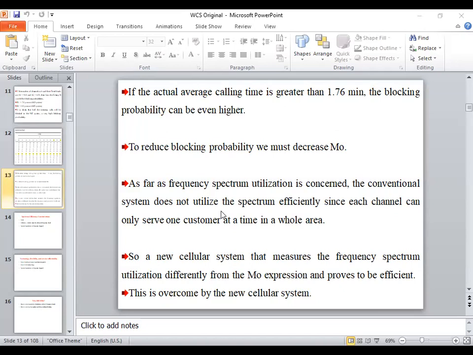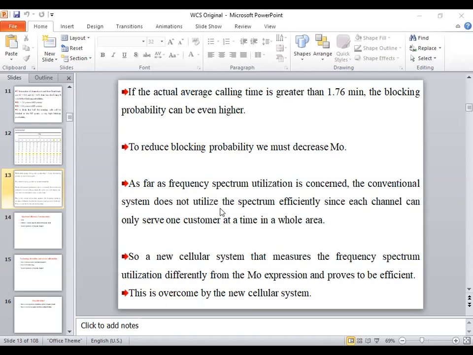So this was the basic reason why we need a cellular system in comparison to the conventional mobile system.